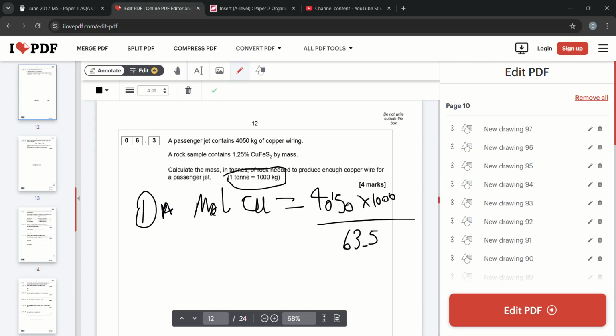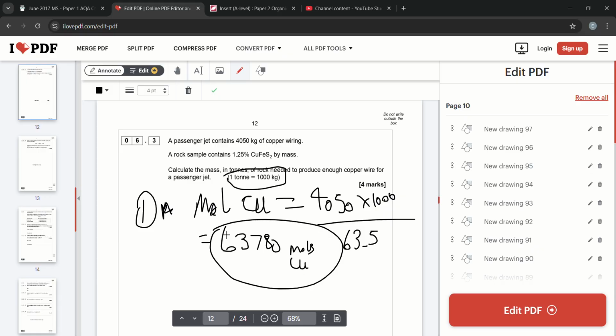Now that will give me 63,780 moles of Cu.